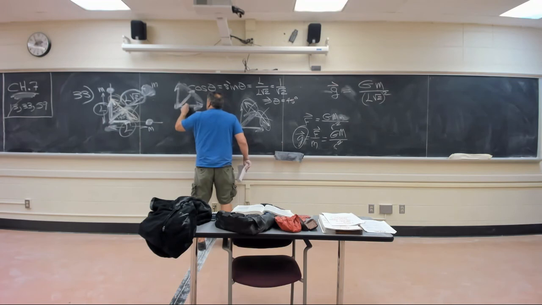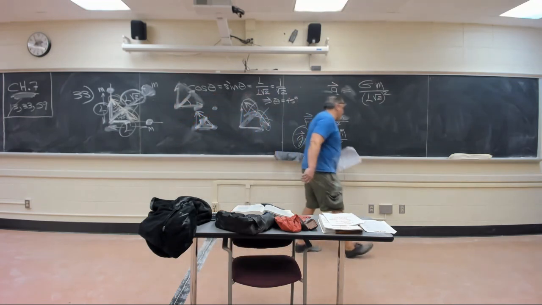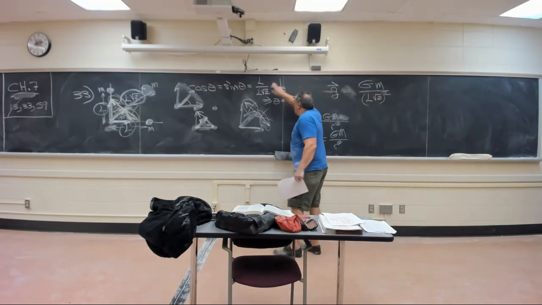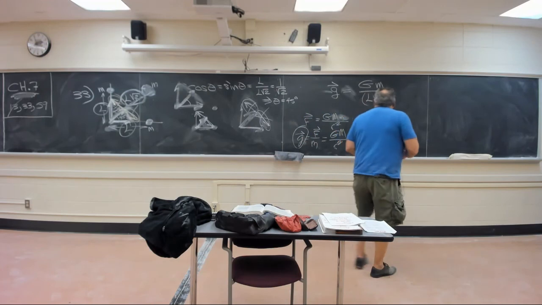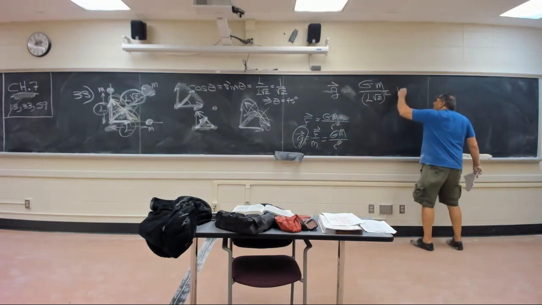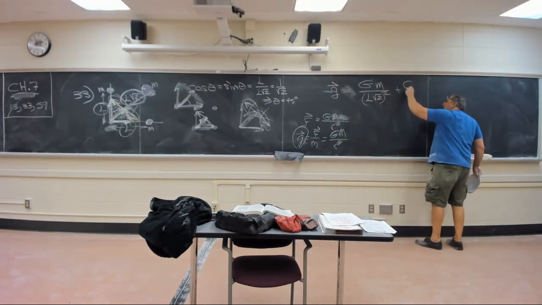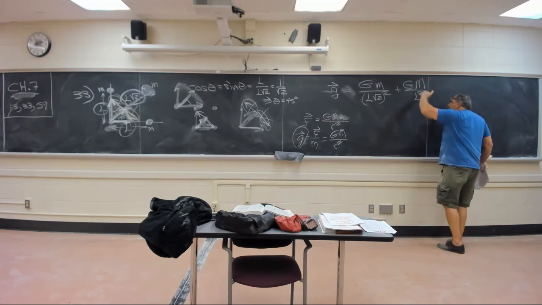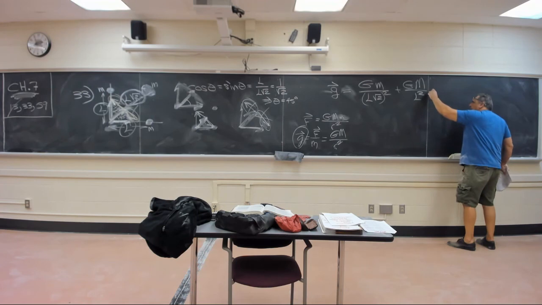So this guy went over here, and this guy went over here, and it works via the cosine of theta, cosine 45 degrees. The cosine of 45 degrees is 1 over the square root of 2. So one guy is GM over L squared times the cosine of 45 degrees.